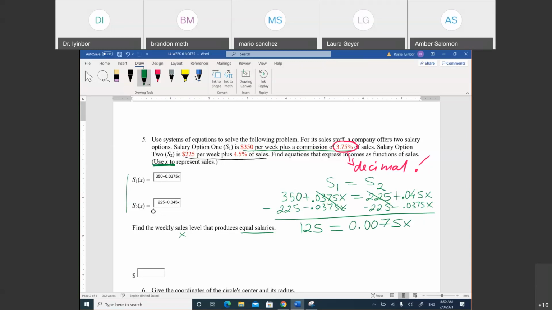And then you're going to divide both sides by the number in front of x. And you're going to see what you get. So x is going to be 16,666.66. It's a repeating 6, right?